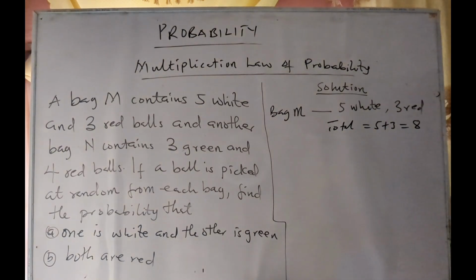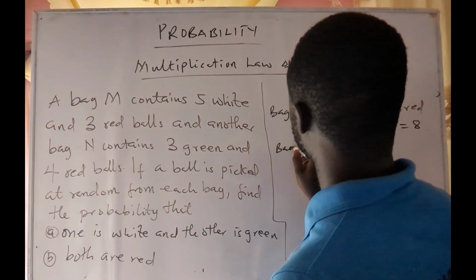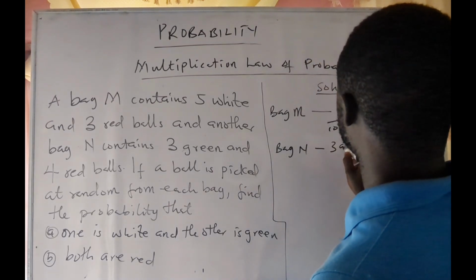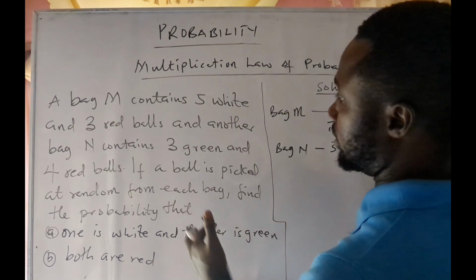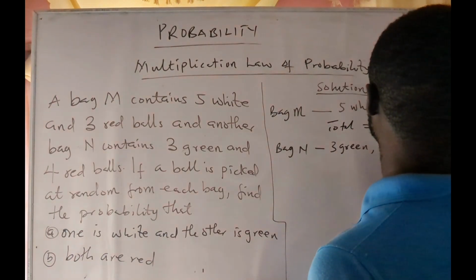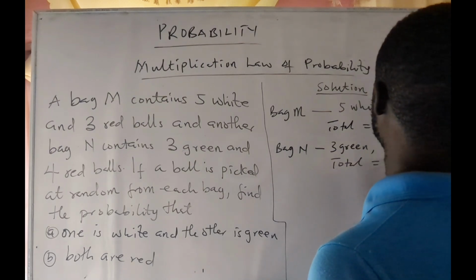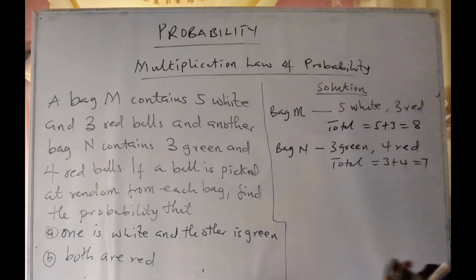So there are 8 balls in bag M. Then let's come to bag N. You have 3 green and 4 red. So the total is 3 plus 4, that will give us 7.